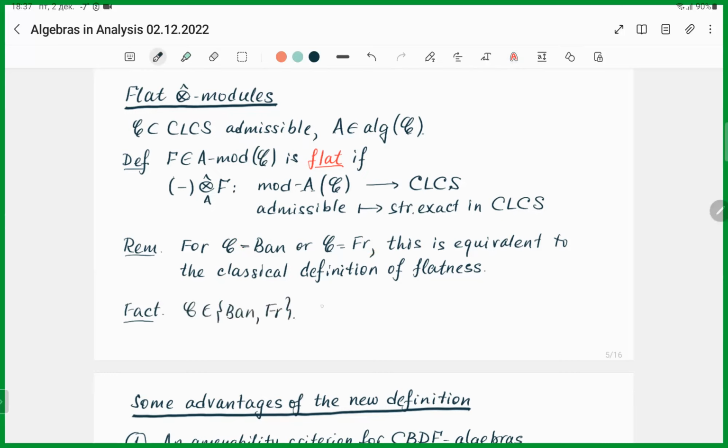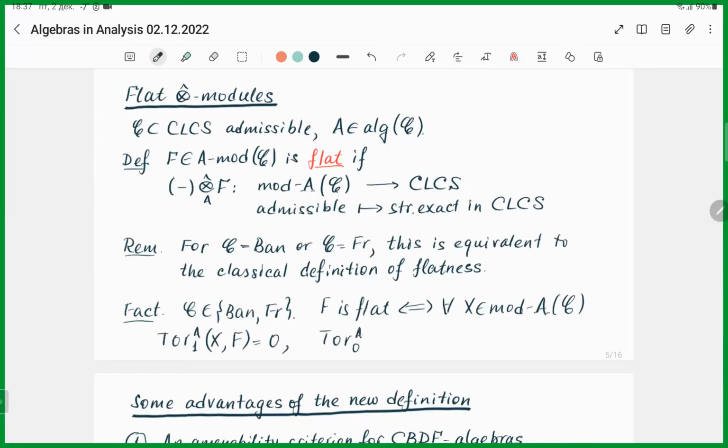Then F is flat if and only if for each right topological A-module X, the functor Tor1 vanishes, Tor1 of X and F is 0, and the Tor0 space is Hausdorff.